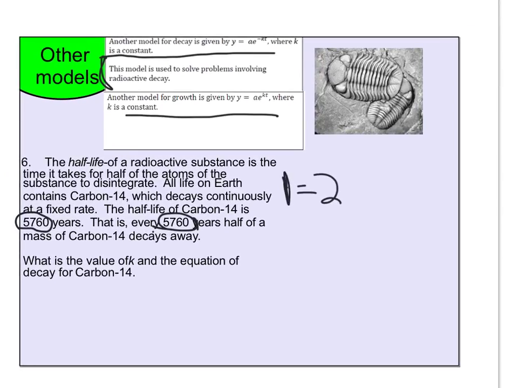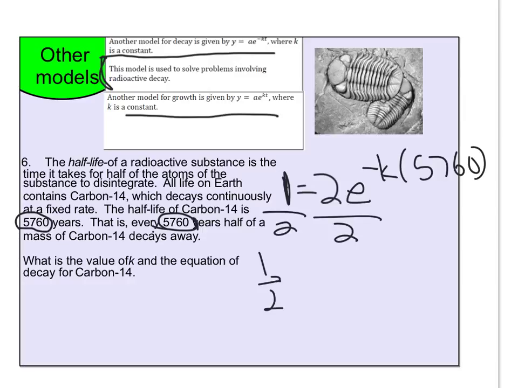So I'm going to start with 2, and you're going to figure out how long it takes to get to 1. You know what e is. You know it's exponential decay. And you know your half-life is 5760. So I'm going to solve that. I'm going to divide by 2. So 1/2 equals e to the negative k times 5760.